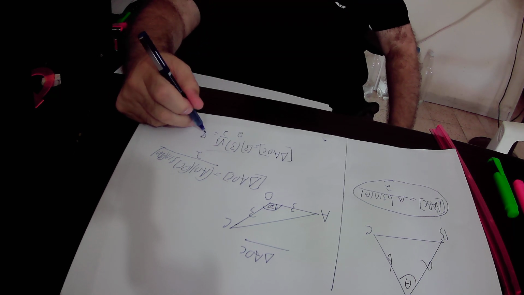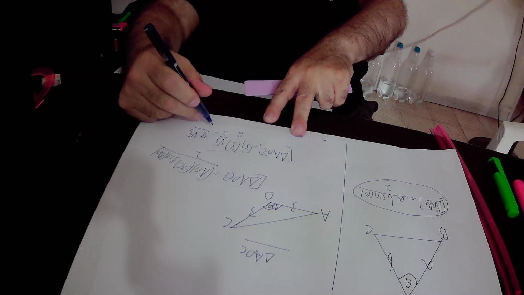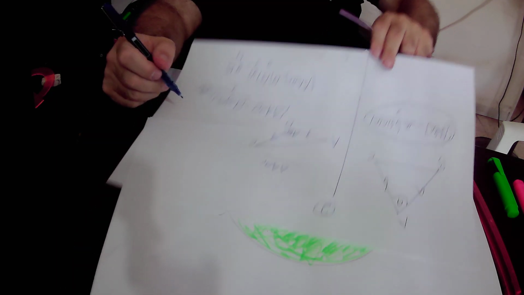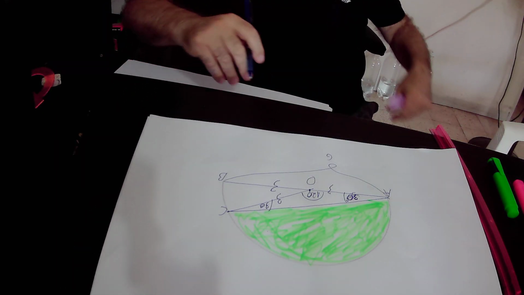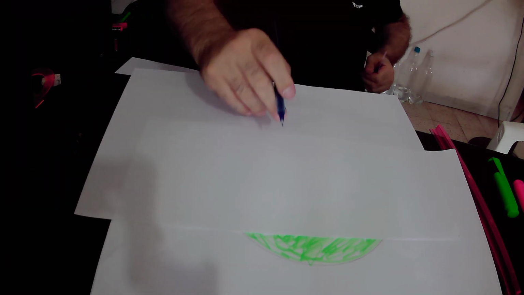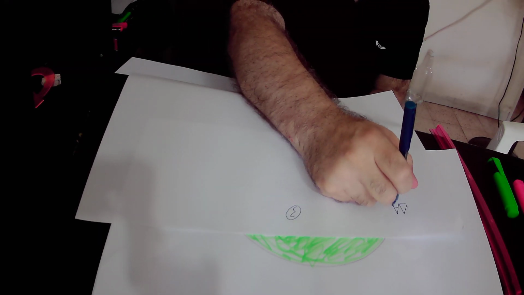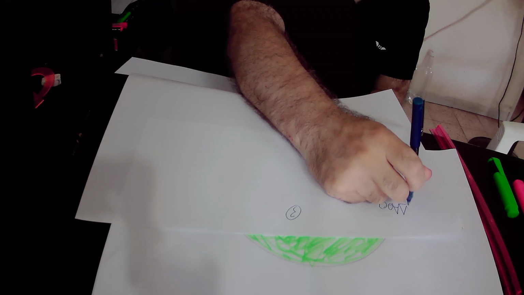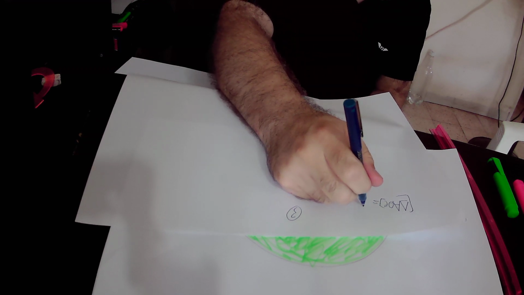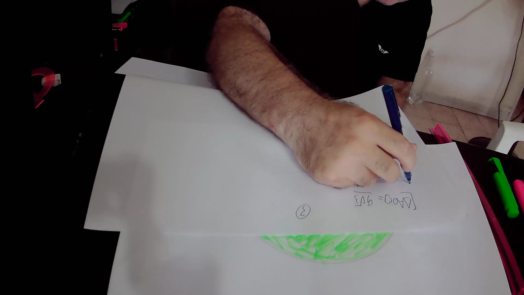3 times 3 is 9, so in the numerator we have 9 times root 3 in total, over 2 times 2, that is 4, so in the denominator we have 4. So we found out that the area of triangle AOC is equal to 9 times root 3 over 4 square units.